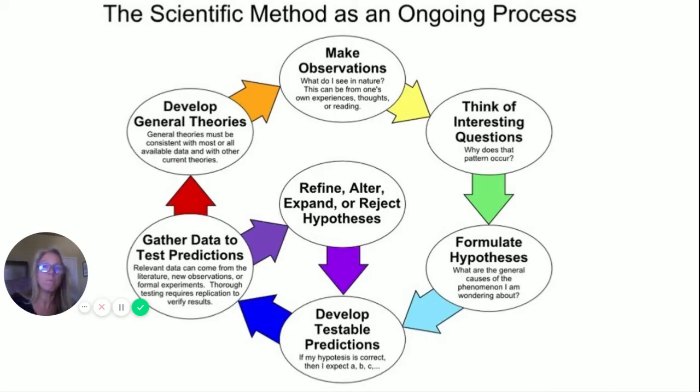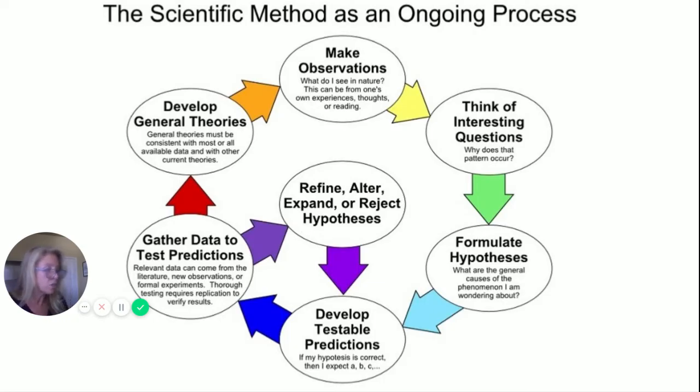You're going to maybe need to do some more experimentation, maybe change your predictions and try again. So there's that cycle that goes around and around. And then it could lead to a theory, several different experiments repeated multiple times. Then you might have a theory, something that joins together some concepts.